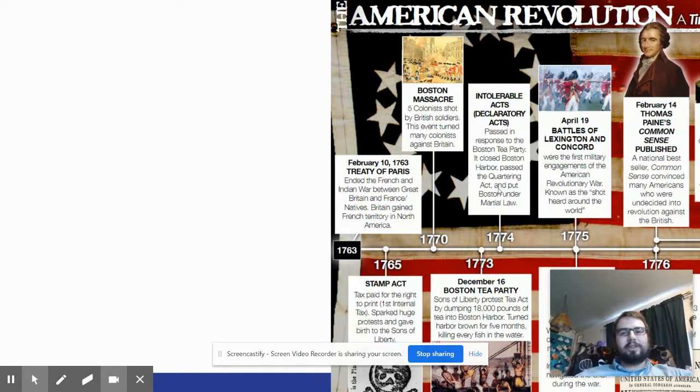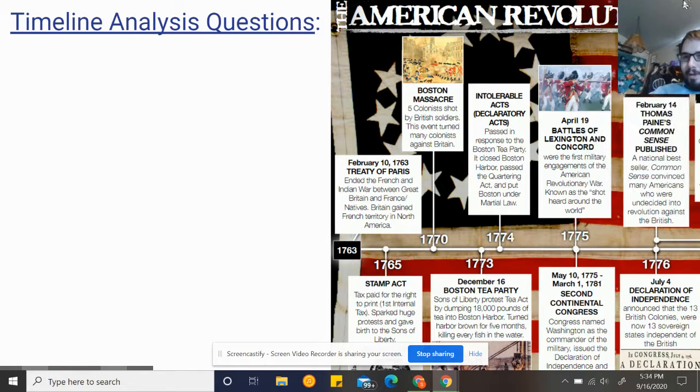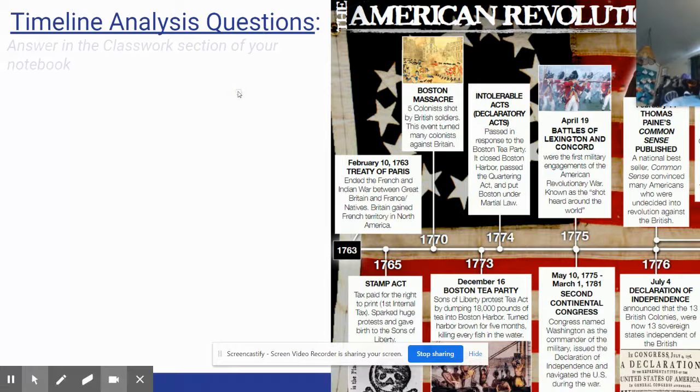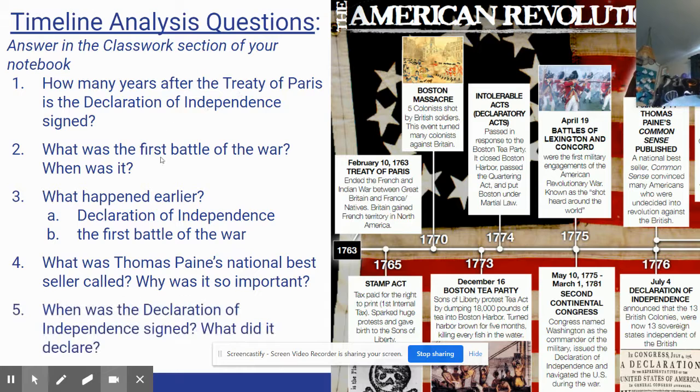Our timeline analysis. Okay, so some pretty simple questions here. I'll try to move myself as much out of the way as I can. There you go. Sorry, I won't be able to see my face for a second. Okay, you've got, I think it's 5 questions. So that first question, how many years after the Treaty of Paris is the Declaration of Independence signed?